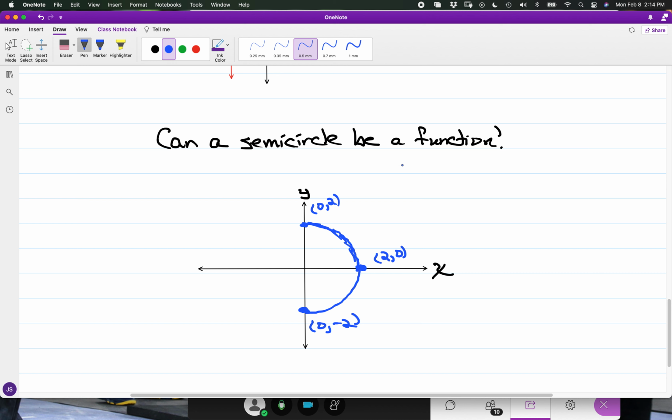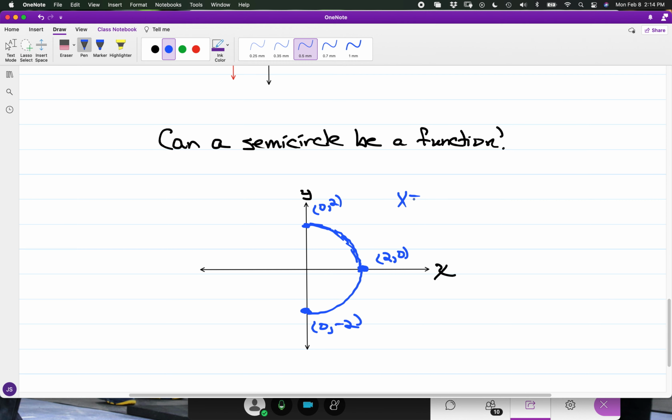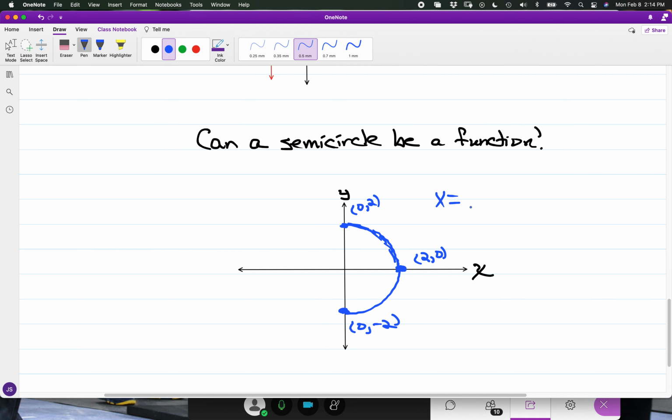Here we go. So you have the semicircle, and for the right half, this would be the case where x is equal to the square root of 4 minus y squared.